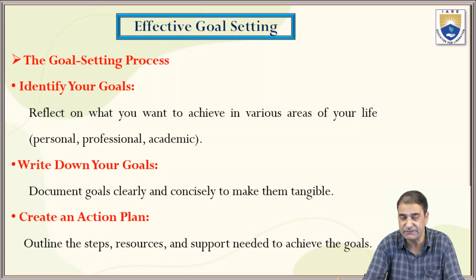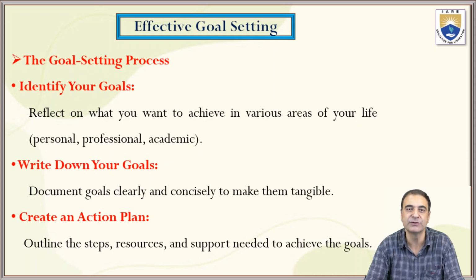It can be personal, professional, or academic. Therefore, one needs to be clear about the identity of these goals. First and foremost, we need to identify what our goals are in every respect. It can be in your personal life, your professional life, or your academic life.